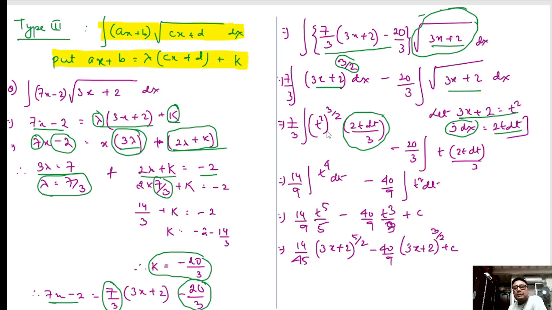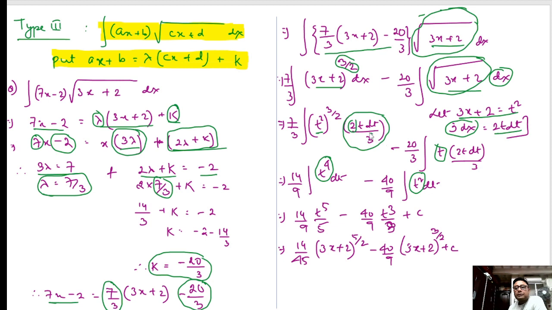This I have taken as t. So t to the power 3, this I have taken as t square. So this also becomes t, and dx will be 2t dt by 3. So now this becomes t to the power 4 and this becomes t square. 2 goes out, 3 goes out.